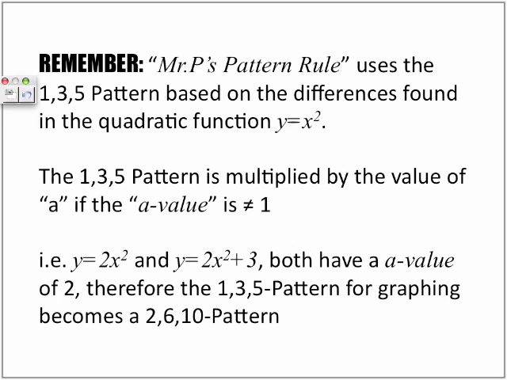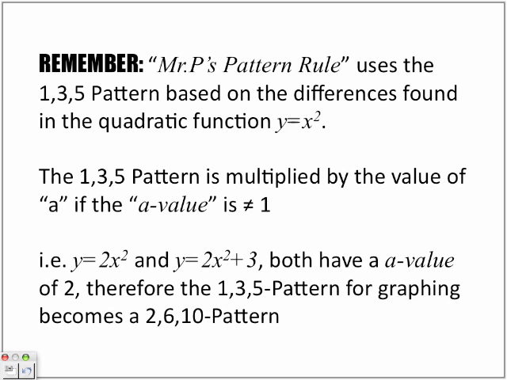So, let's remember the following. Mr. P's pattern rule uses the 1-3-5 pattern based on the differences found in the quadratic function y is equal to x squared. The 1-3-5 pattern is multiplied by the value of A if the A value is not equal to 1. So if the A value is 2, you multiply 1-3-5 by 2.